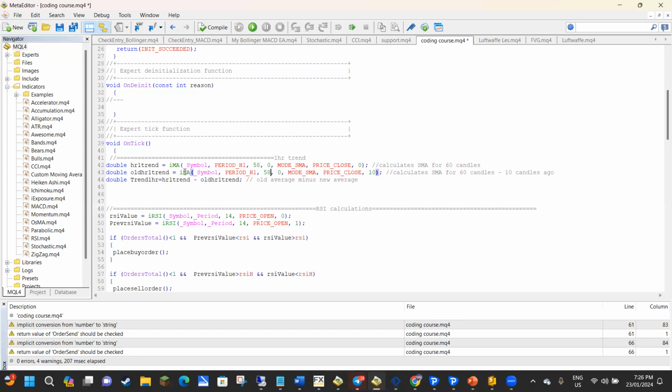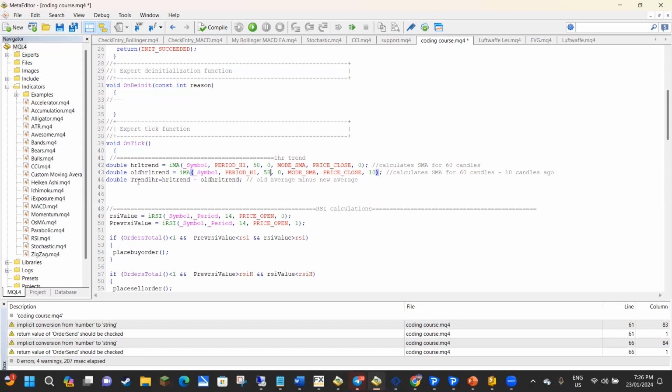And the old 1 hour trend, we're assigning all the same, except we're looking at starting 10 candles ago. So we're looking at 58 candles starting from the current one, and then 58 candles starting from the 10th one, meaning that the old 1 hour trend is going to be 10 candles old.